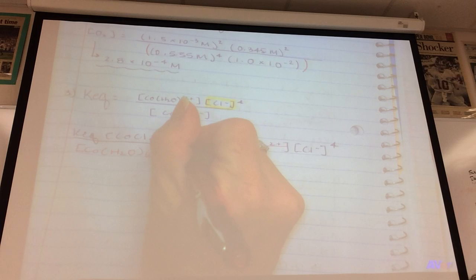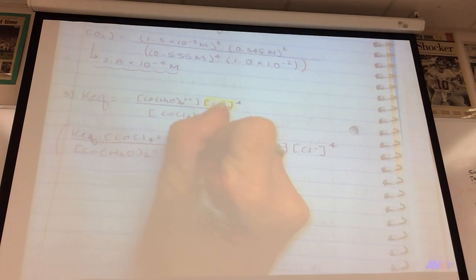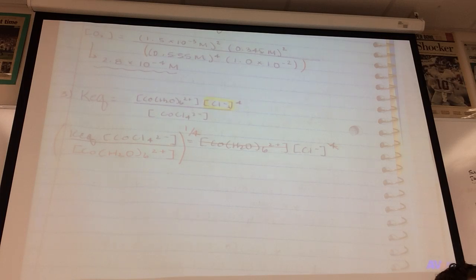So I'm going to take this to the 1/4 power to get that to the 1st. Does that make sense? Can you just do the fourth root and calculate? Yeah, same thing. Or you can square root it twice. But if you have something to the 5th power, then you've got to do it to the 1/5 power.